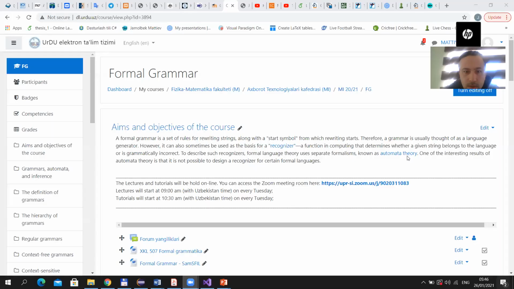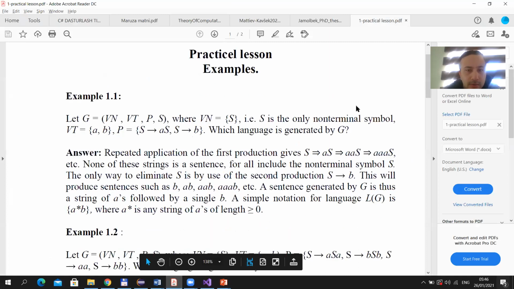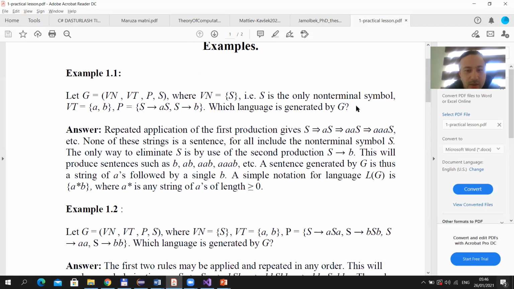Let me share my screen. The tutorial part may be a little bit shorter than the lectures because we will solve some problems and some of them will be homework for you. Let's start from the first exercise.